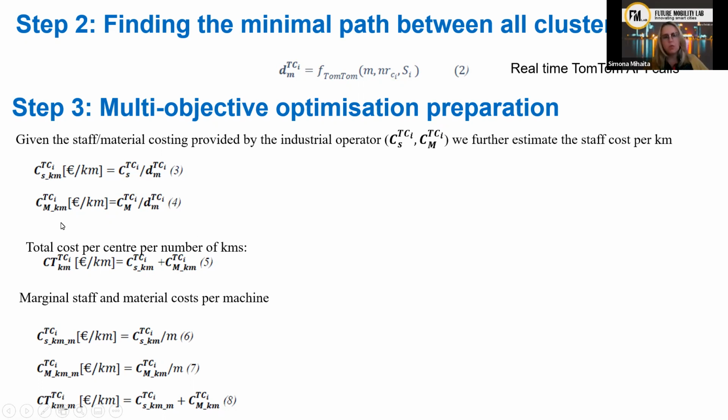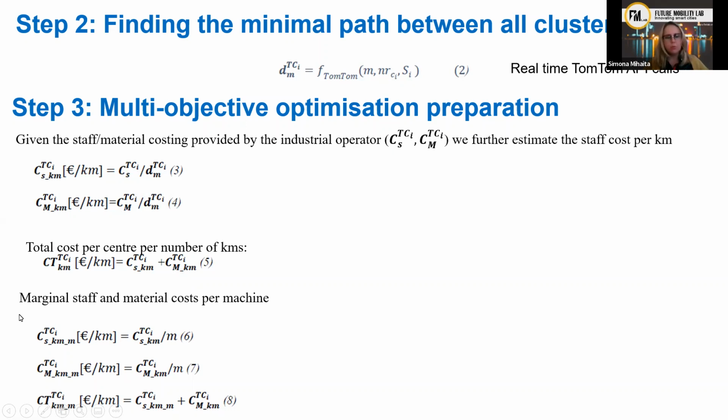In the same way, we define the cost for the material as the cost of the material for the entire center divided by the distance that that center needs to do between the clusters. Once we have the cost for staff and materials per kilometer, it's very easy. You just add them up and you have a total cost for each center per kilometer.